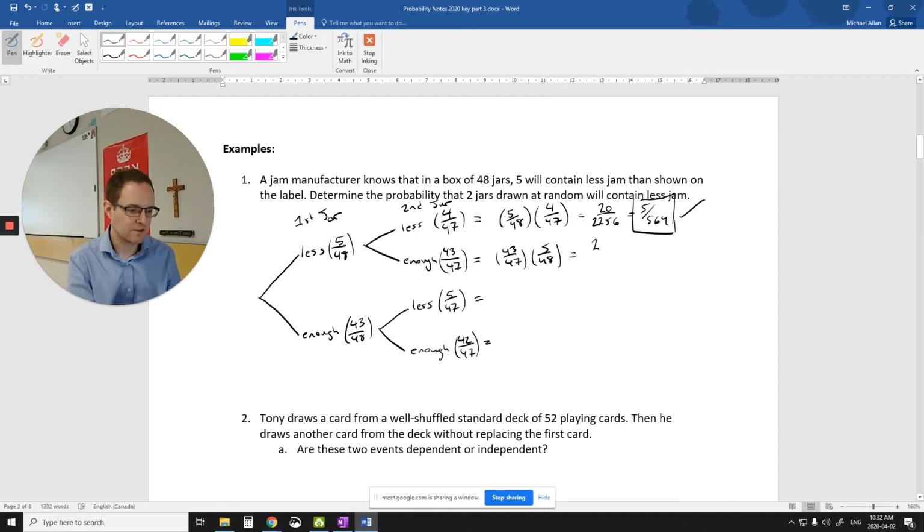Okay, so this one here turns out to be 215 over 2256. Now you're going to see why I'm doing this in a second. So I'm just going to multiply these two probabilities together. This probability just ends up being the same.